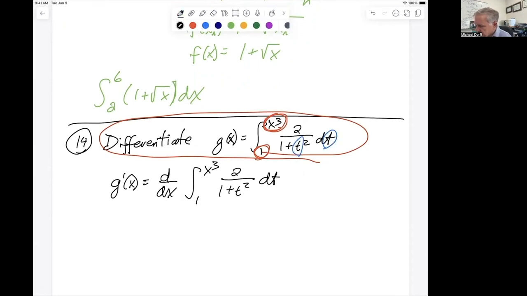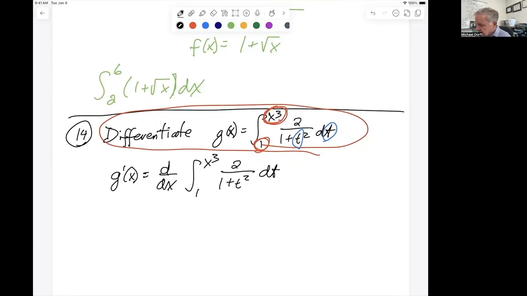When you take the derivative, by the fundamental theorem of calculus, I look at this part, which is called the integrand, and I replace my variable with this. So in this case, this is going to equal 2 over 1 plus x cubed, everything squared. Remember, I've got a square up here, so I've got to square that.